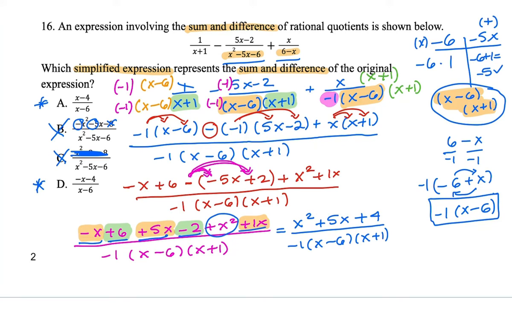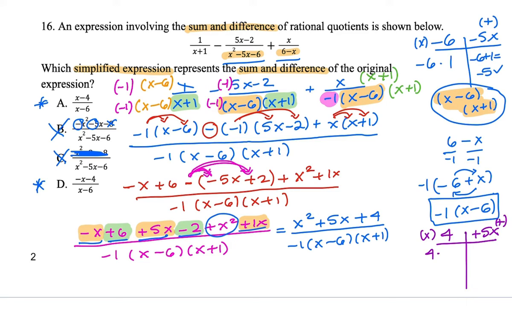So I do see that my numerator here is a trinomial, so that means that I'm going to factor this out using my little t. And I'm going to put the 4 on the left and the plus 5x on the right. Remember, these numbers need to multiply, and these numbers over here need to add.